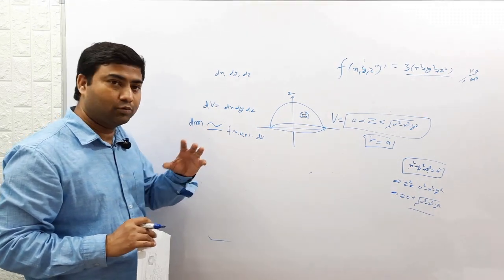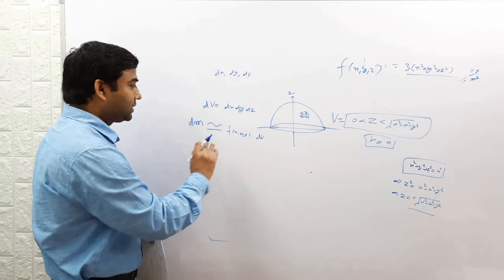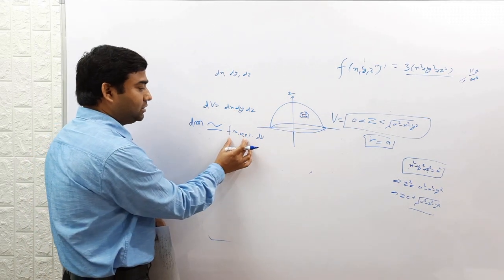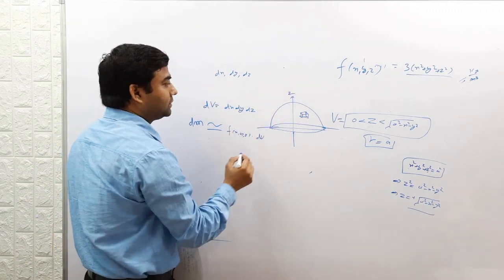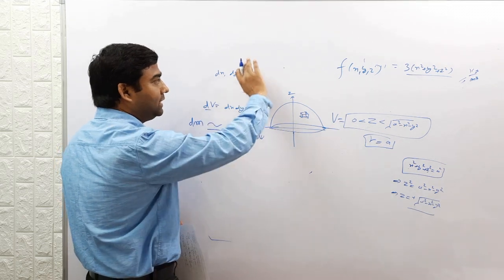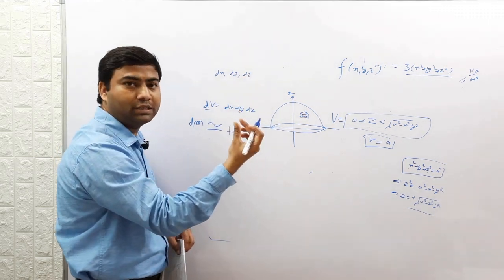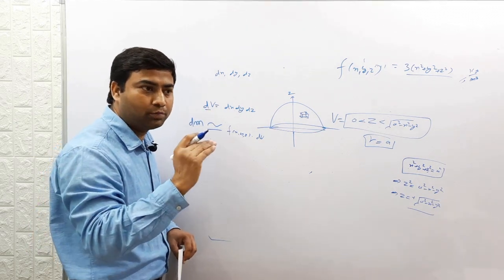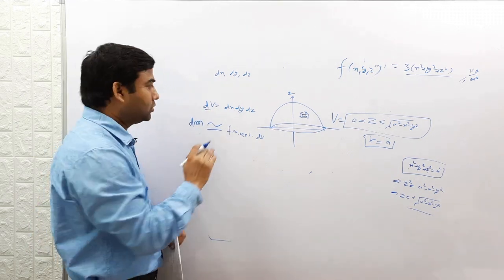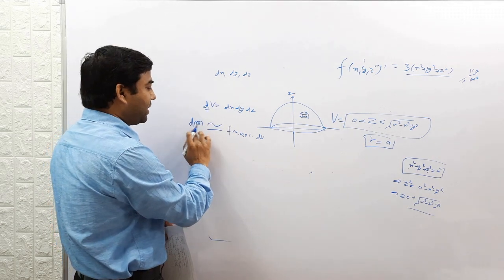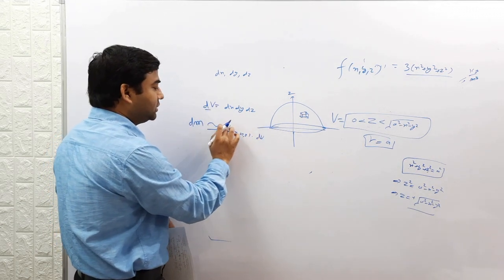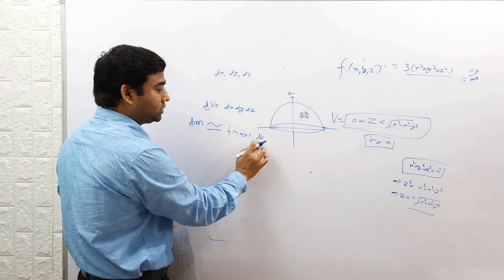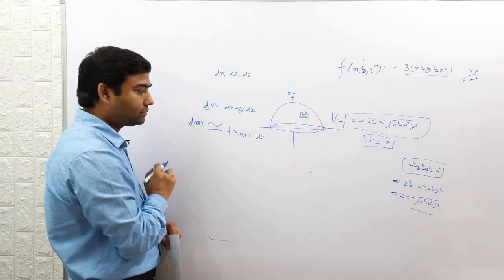I have just tried to clear the concept, because f(x, y, z) is a density function at a point, and this dV, no matter how small this volume is, will contain infinite number of points, and those points will have different density. So this mass will never be exactly equal to this, because the density function is not constant over the region dV.